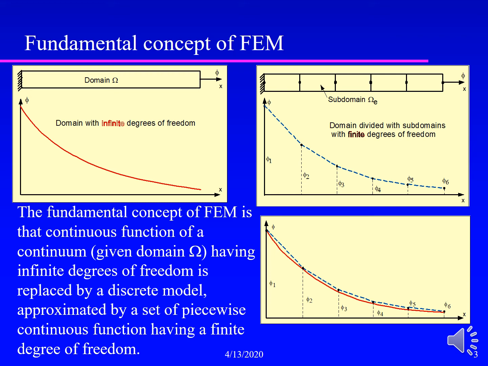Then this continuous function of a continuum having infinite degrees of freedom is replaced by a discrete model approximated by a set of piecewise continuous functions having a finite degree of freedom.